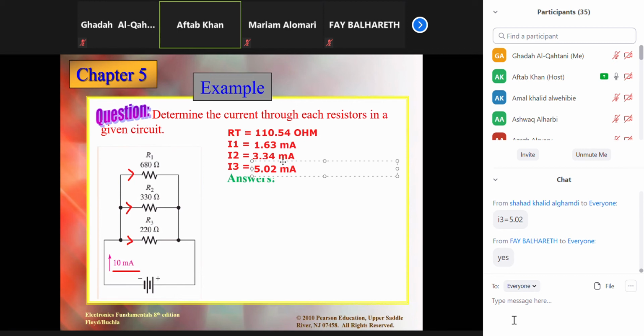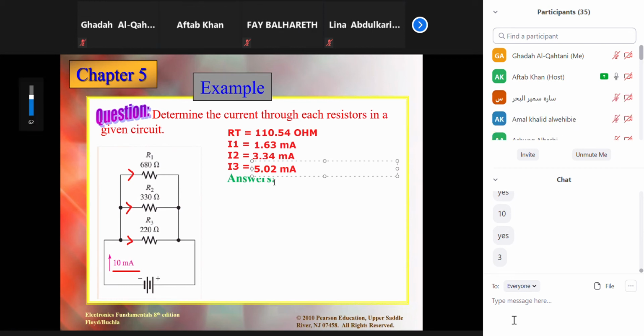If you add them, how much will you get? 10 milliampere, because of KCL, Kirchhoff's current law. Also, you can see one more important point: which resistance is the largest here?